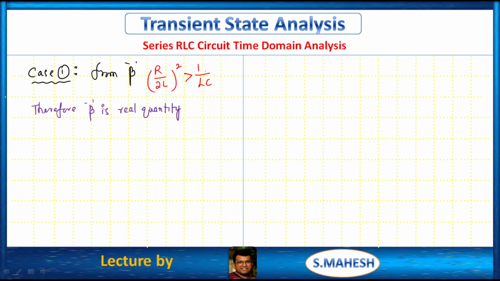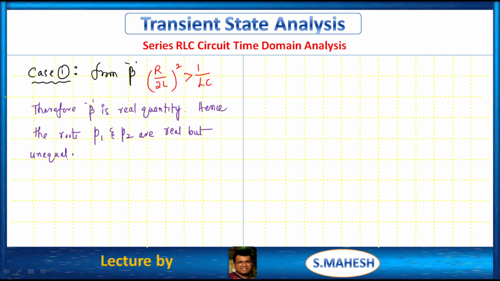R by 2L is more than 1 by LC. Obviously we are getting beta as positive, that too real. Hence the roots P1 and P2 are real but unequal.